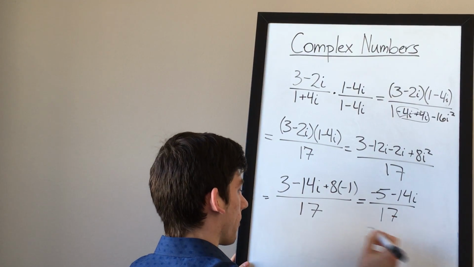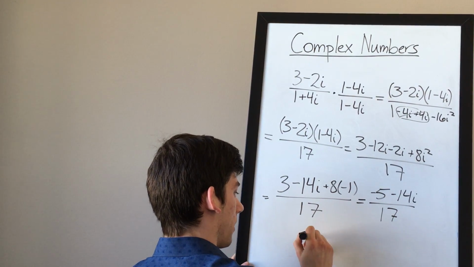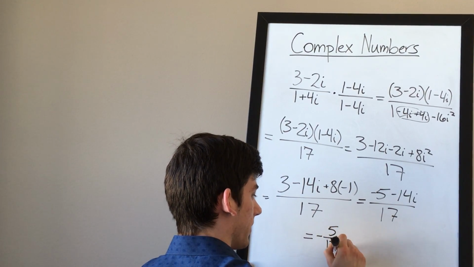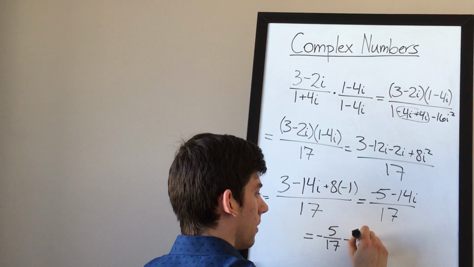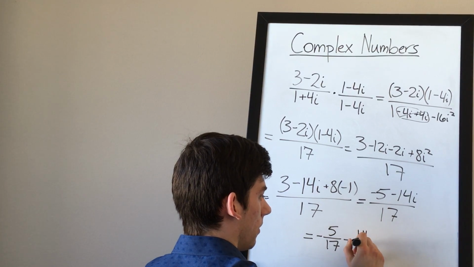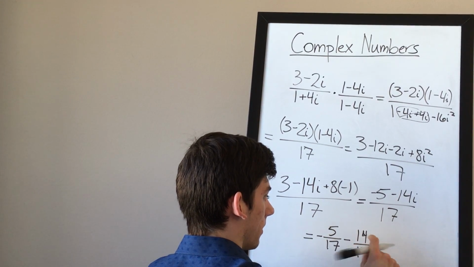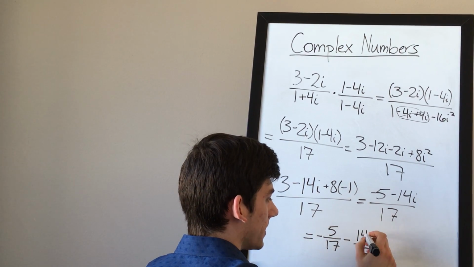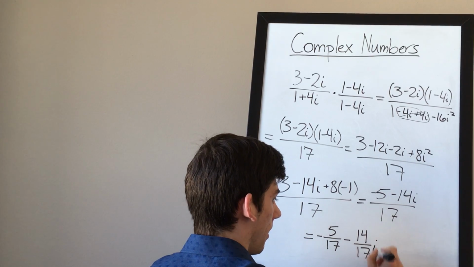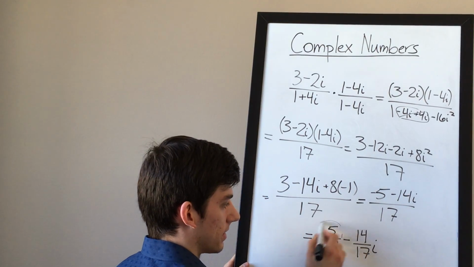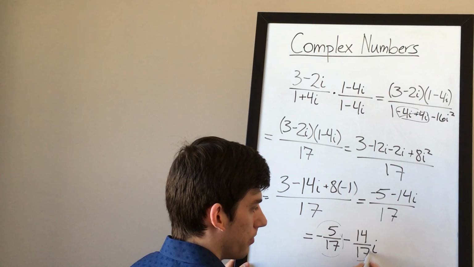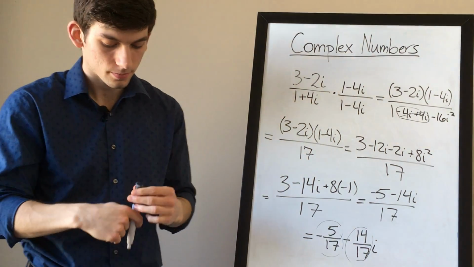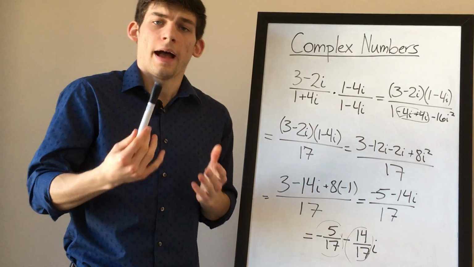So a plus bi form would actually be, let's do it right here, equal to negative 5 over 17 minus 14 over 17i, right, where your a is negative 5 over 17 and your b value is negative 14 over 17. So I hope that makes sense.